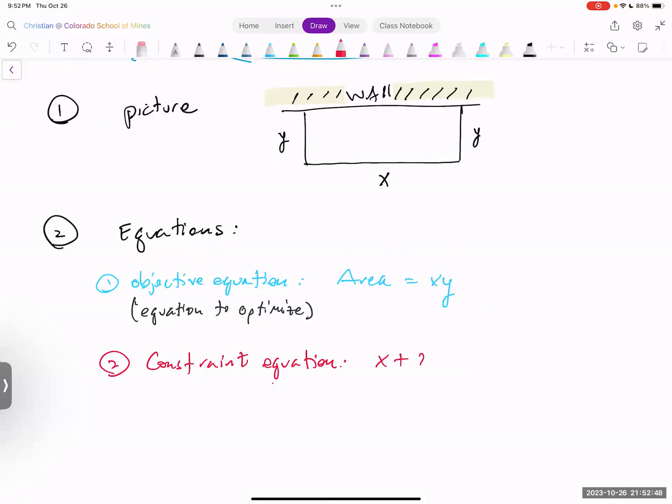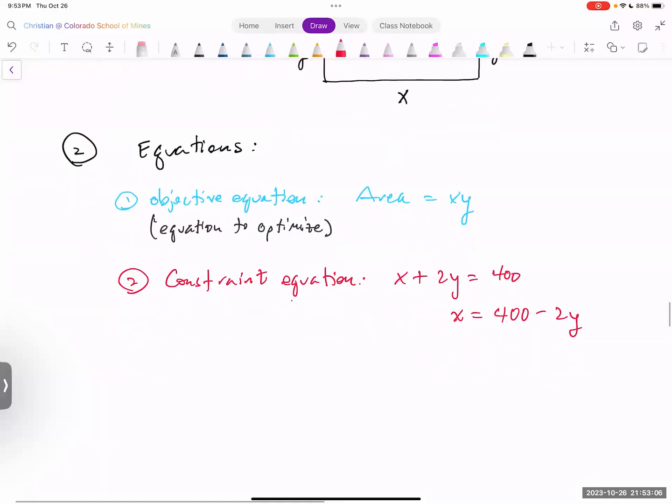That would be X plus 2Y. That would be this side length plus the other side lengths, and we know that that's going to be 400 because that's the material we have to work with. And we also could tell that X is 400 minus 2Y.